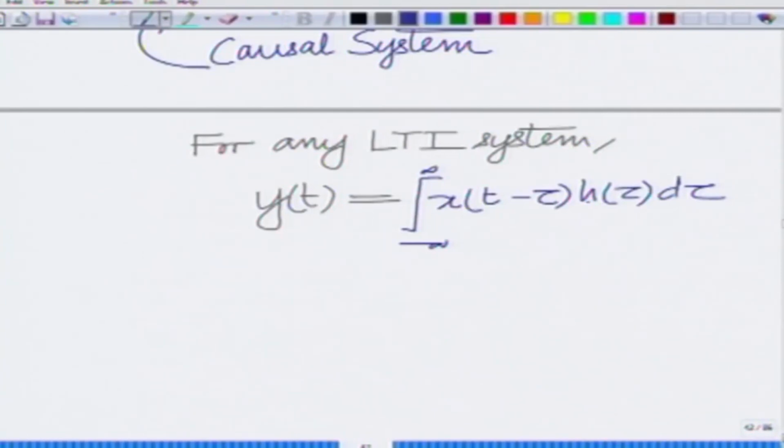Now, this y of t for a causal system should depend only on x of t and past values of x of t. It should not depend on the future values of x of t.